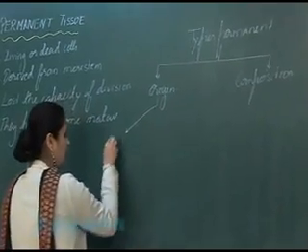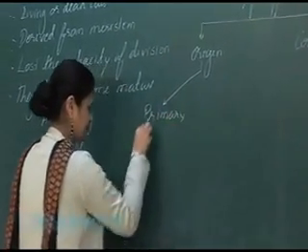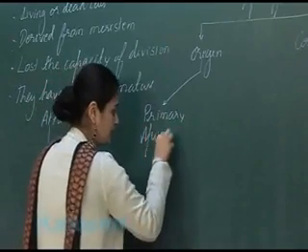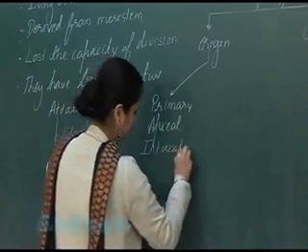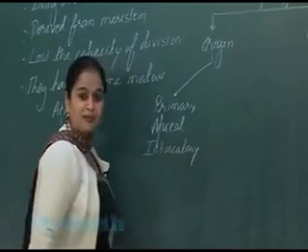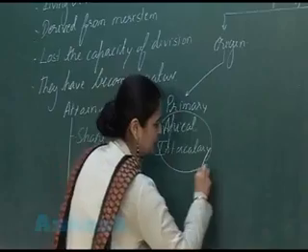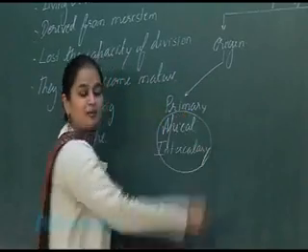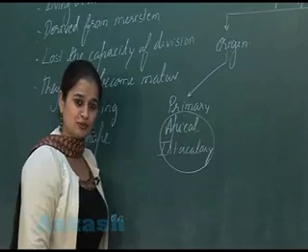So, if the origin is from apical meristem or the origin is from intercalary meristem, right? Apical meristem से origin हो रहा है या intercalary meristem से origin हो रहा है, so this type of the permanent tissue is known as primary permanent tissue.